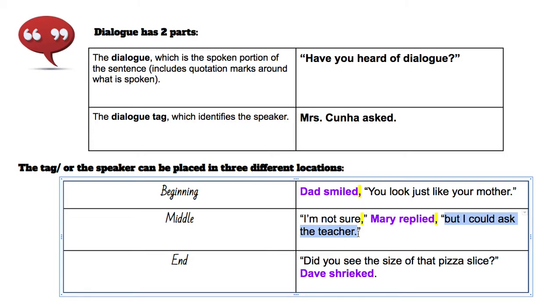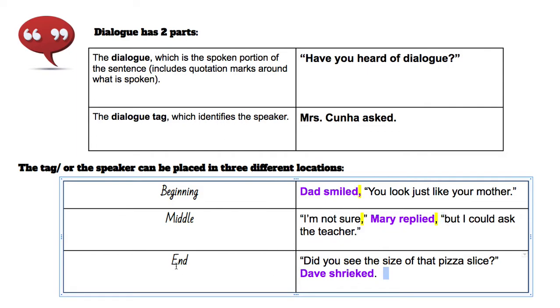And that's one sentence. The "I'm not sure" could be considered a sentence, but it doesn't sound very complete. So that is why we added a comma here. And then it's kind of telling us that the dialogue tag is coming up. And then there's the rest of her sentence, okay? So notice that the quotation marks here only go exactly around the words that Mary said.